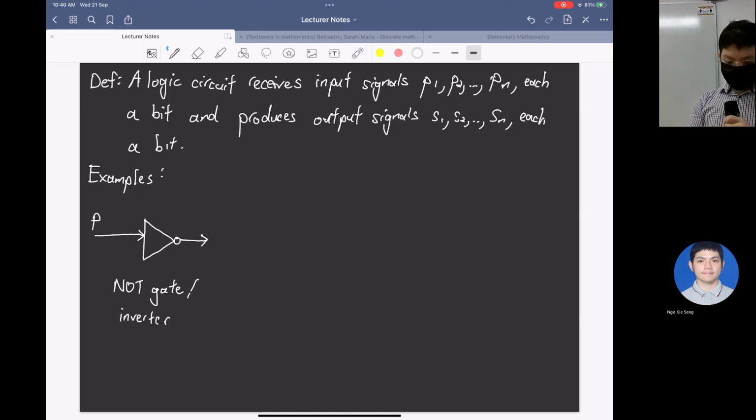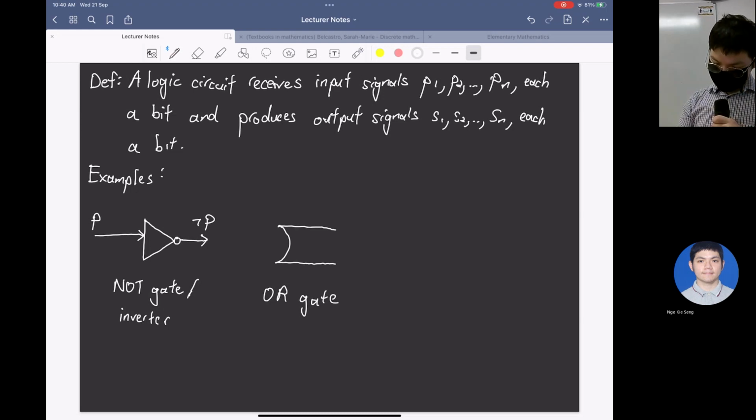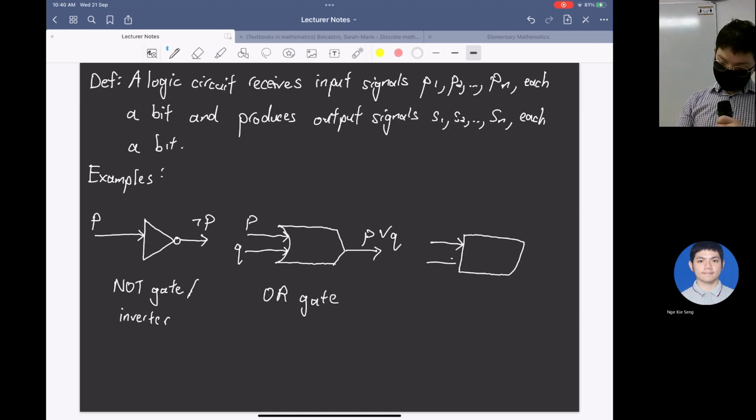If you input P, you get NOT P. Very good. The next one I want to introduce is the OR gate. When you input P and Q, you get P or Q. The next one is the AND gate. You input P, Q, you get P and Q.